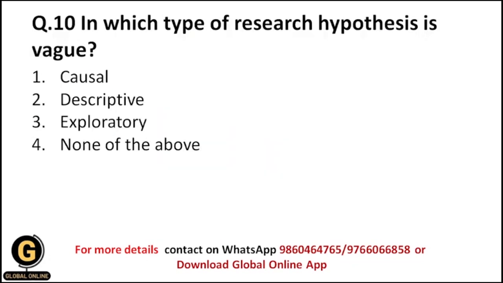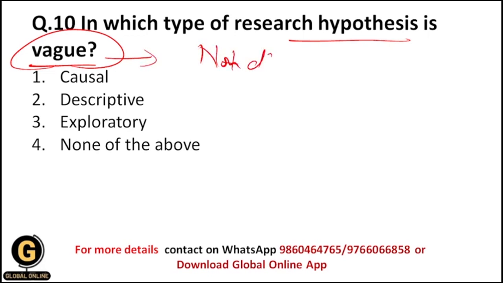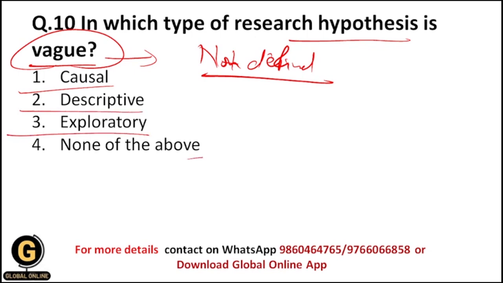Next: in which type of research is the hypothesis vague? Vague means not clear or not defined. So in which research type is the hypothesis not defined: causal, descriptive, exploratory, or none of the above?